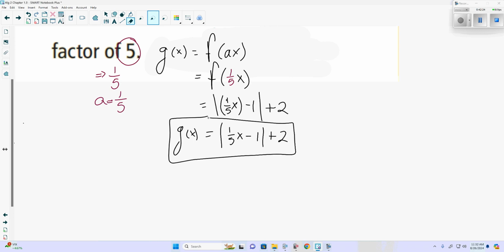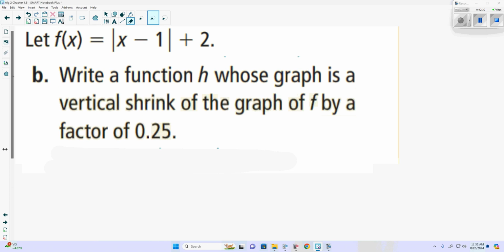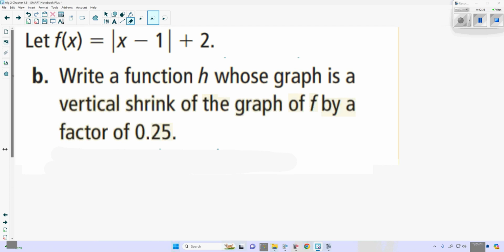We ready for the last one for today? We'll finish these tomorrow. Write a function h whose graph is a vertical shrink of the graph of f by a factor of 0.25. Vertical stretch or shrink, the general form is a times f of x.